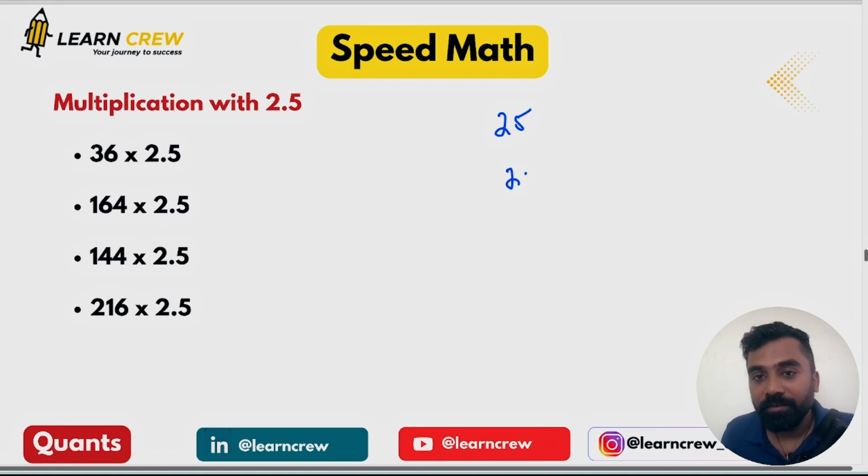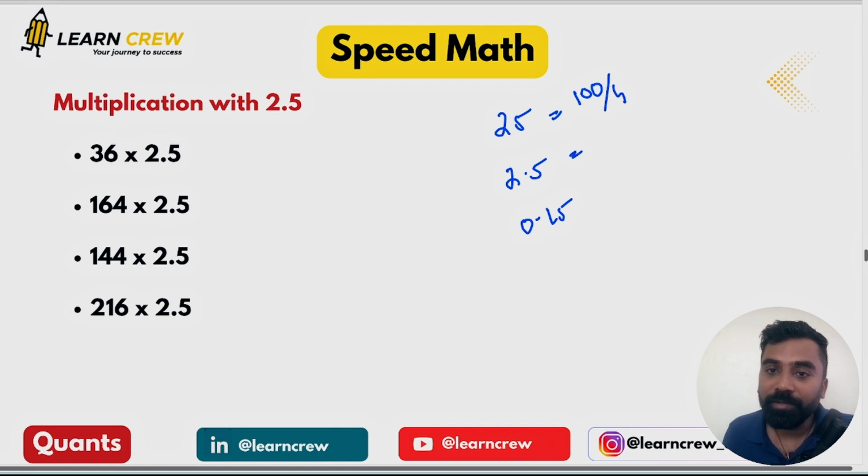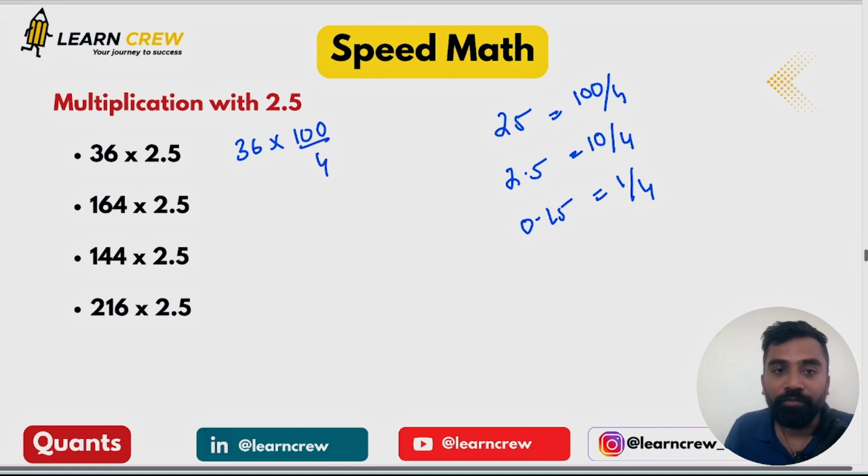2.5 again. 25, 2.5, 0.25. 25 can be written as 100 by 4. 2.5 can be written as 10 by 4. 0.25 can be written as 1 by 4. The same concept holds good. So 36 can be written as 36 into 100 by 4, and this is nothing but 4 9s are 36.